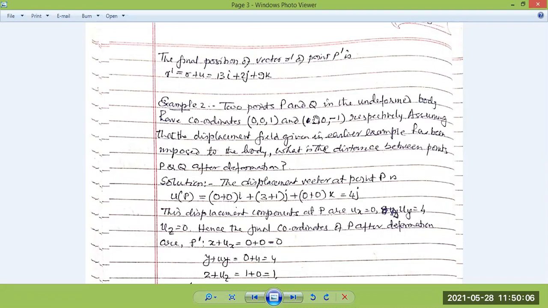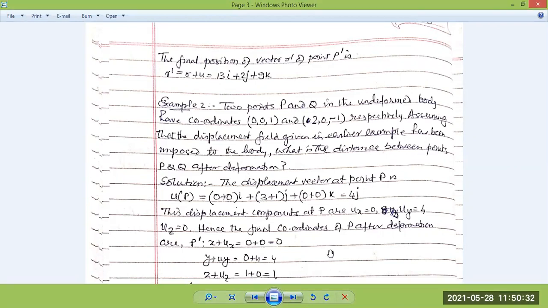We have x equal to 0 and ux equal to 0. If we add them together, the final point P dash is at 0. Y initially was 0 here, and we had 4 here. So if we add y plus uy, the final coordinate should be 4.